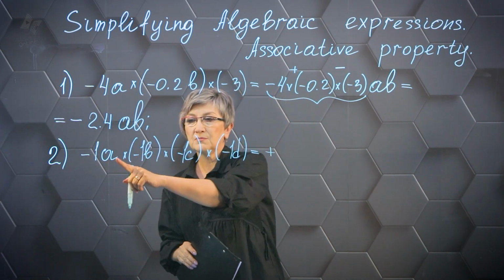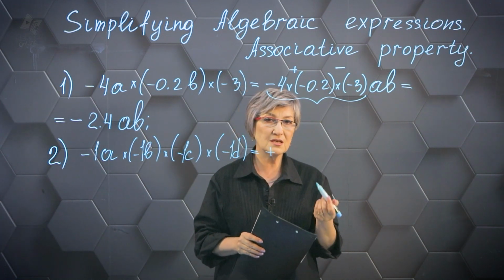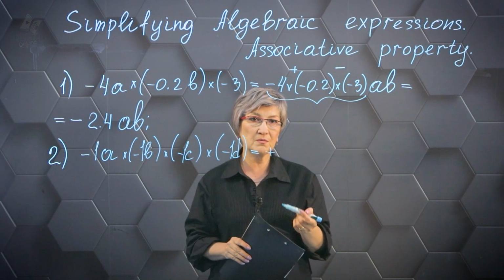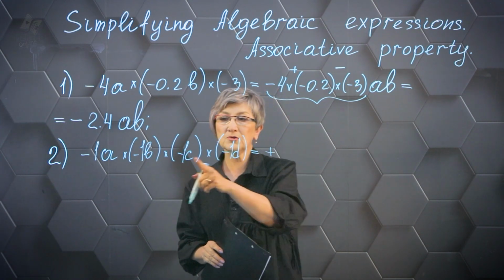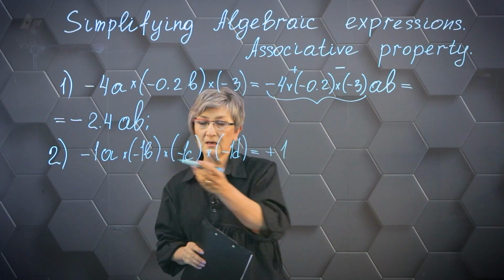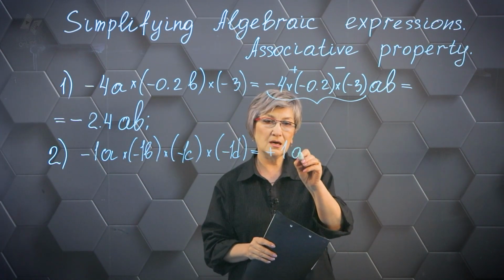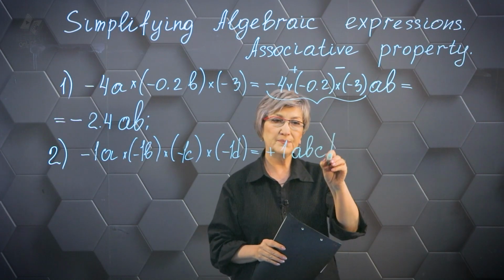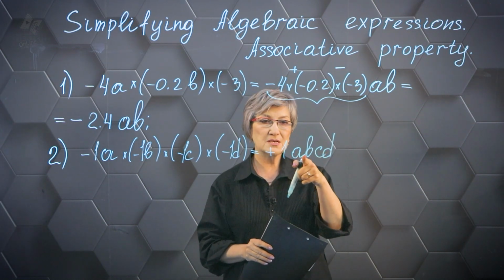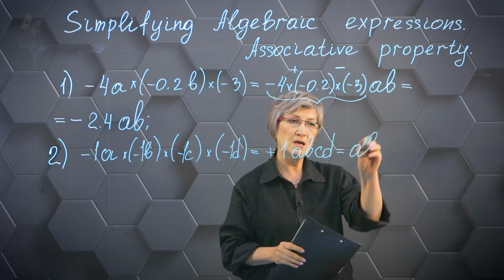When we multiply the units, we get 1. And then we just have to write down the letter part, and that's A, B, C, and D. We write the letters alphabetically. The result is the product ABCD.